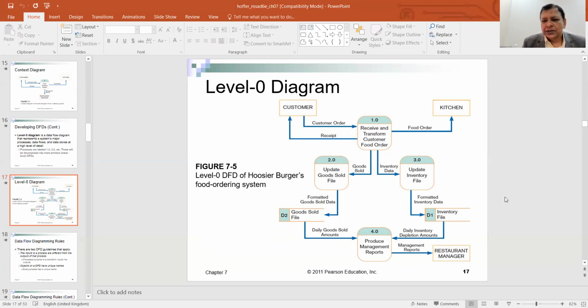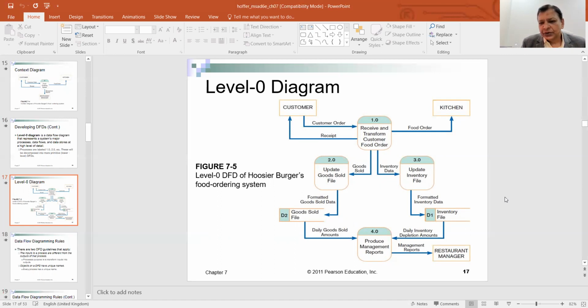And the kitchen will receive the order, update food, update goods sold file. 2.0, the goods sold, update inventory file process. 3.0, inventory data, and the data store, goods sold file. D2, data store 2, inventory file, data store 1.